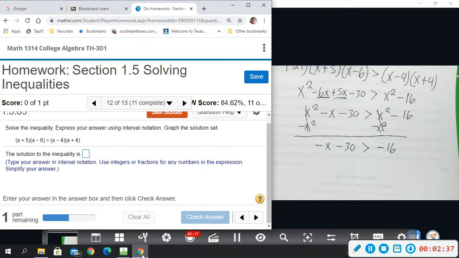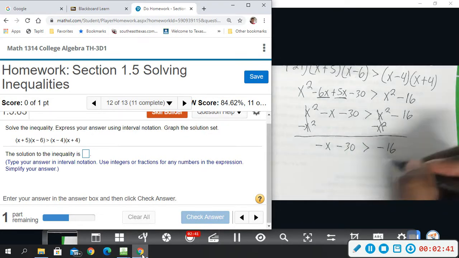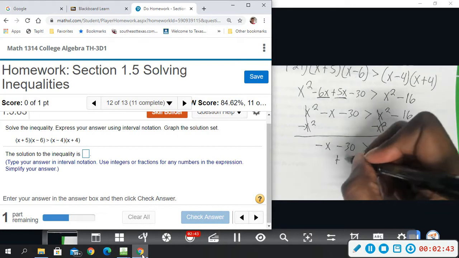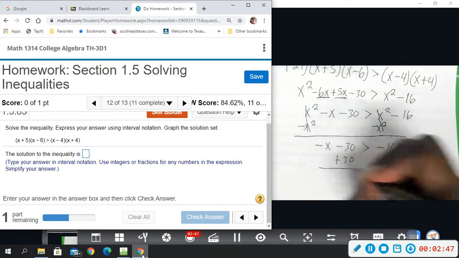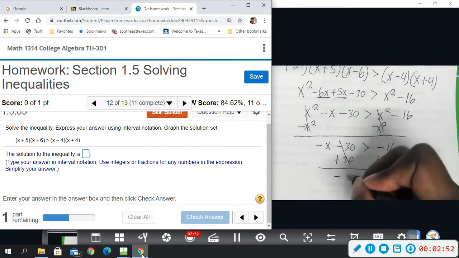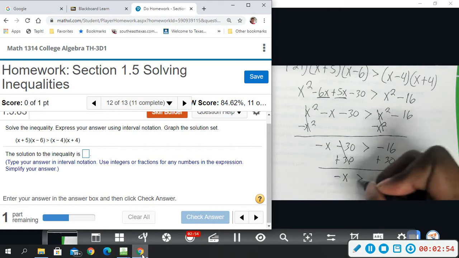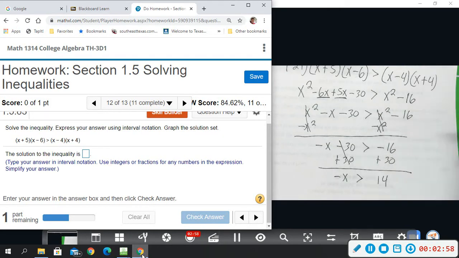In solving for x now, I want to add 30 to both sides to get x by itself. So 30 goes to 0 here, bring down negative x, greater than, bring down positive 14.